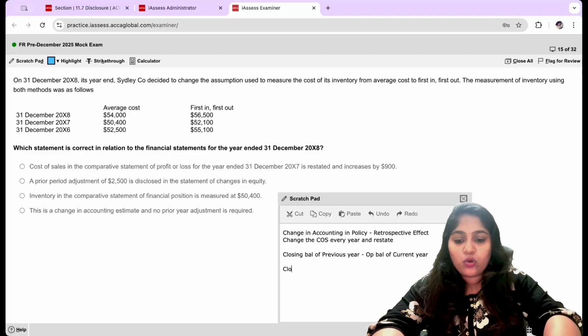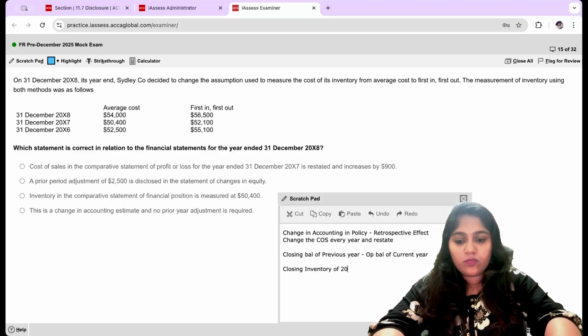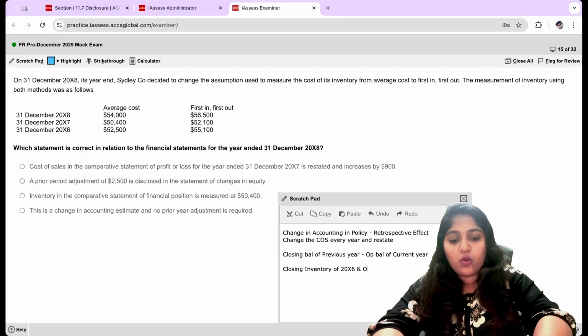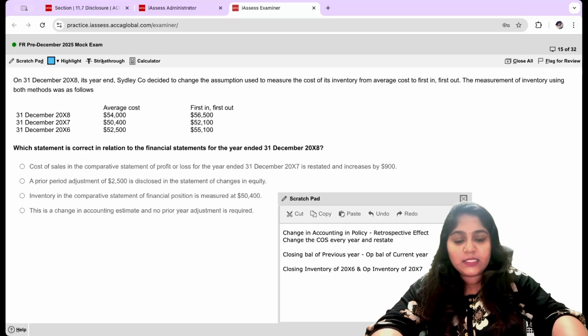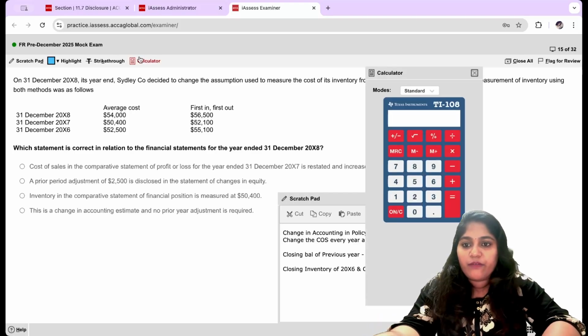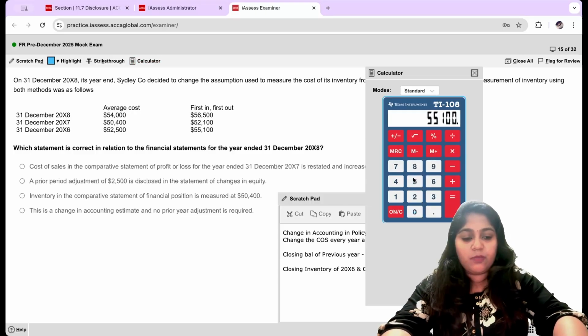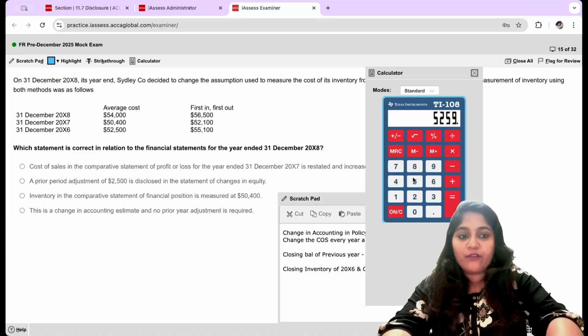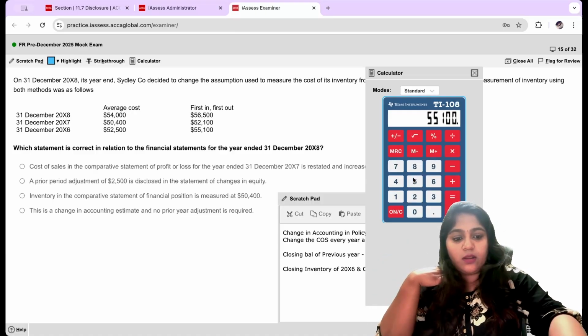Correct. So closing inventory of 20X6 and opening inventory of 20X7 is increased by how much? It is increased by the difference, that is 55,100 minus 52,500.